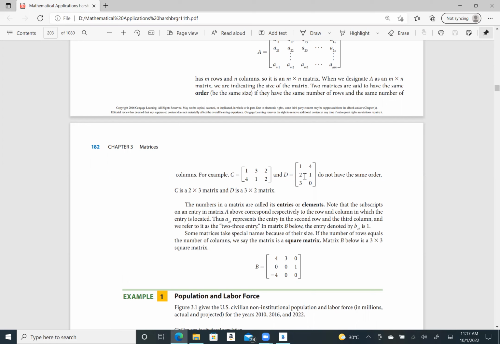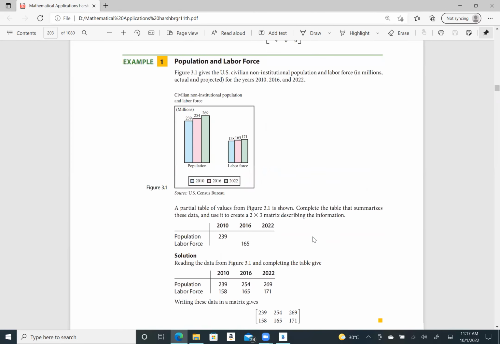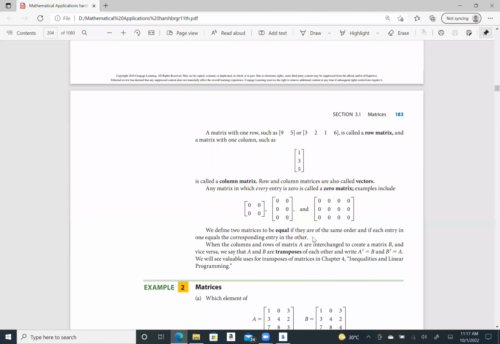You have 3 rows, 2 columns. Okay, and then I have here a 3 by 3. Okay, B here is a 3 by 3 matrix. You have 3 rows, 3 columns. Okay, all right.